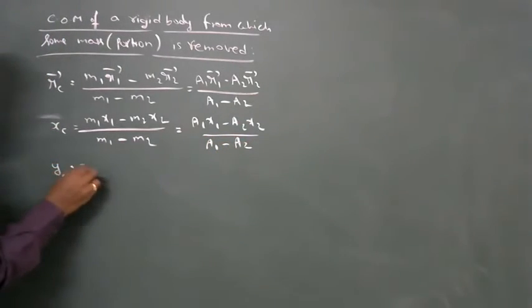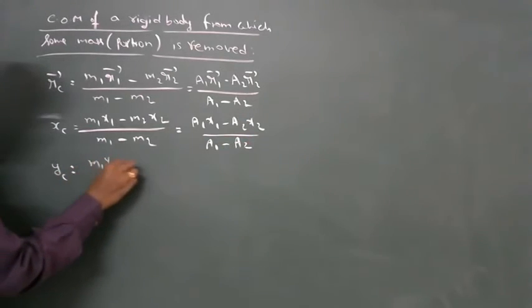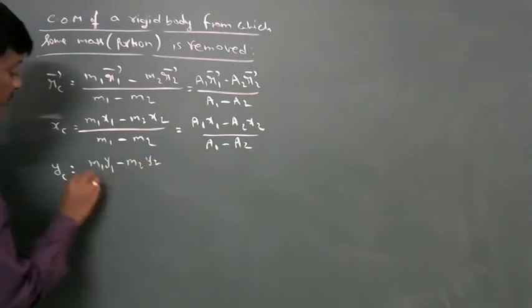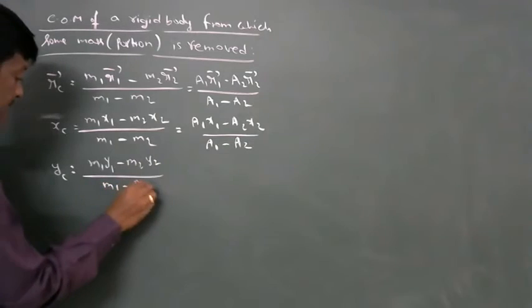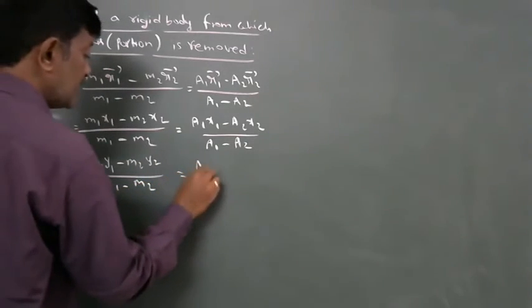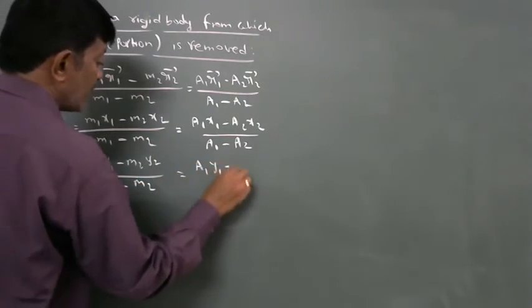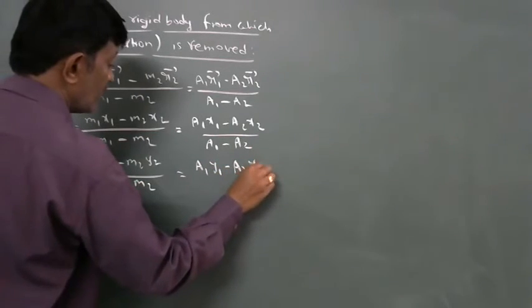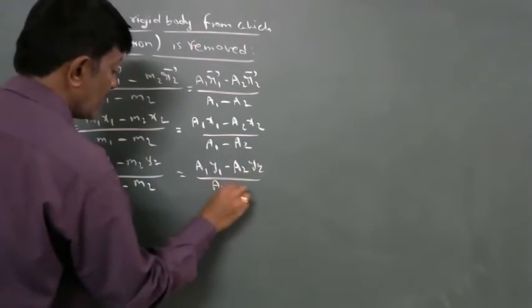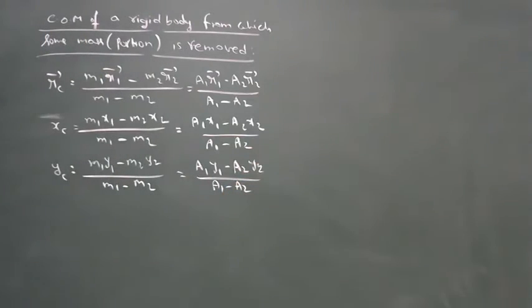For yc, it is (M1 y1 minus M2 y2) divided by (M1 minus M2), and is equal to (A1 y1 minus A2 y2) divided by (A1 minus A2). Similarly, for zc, (M1 z1 minus M2 z2) divided by (M1 minus M2), that is equal to (A1 z1 minus A2 z2) divided by (A1 minus A2).